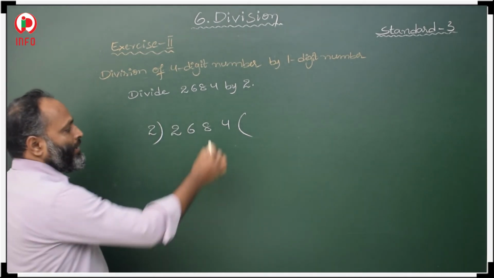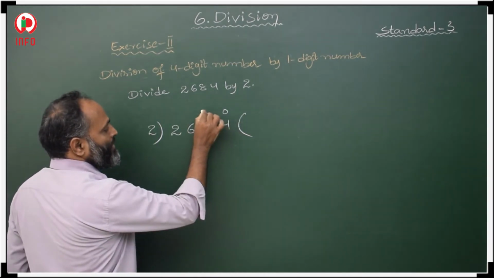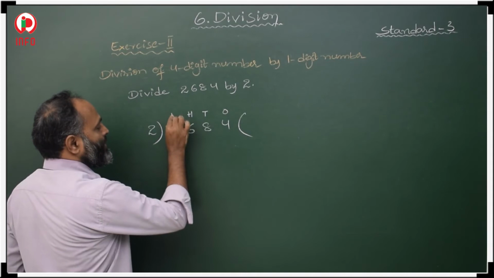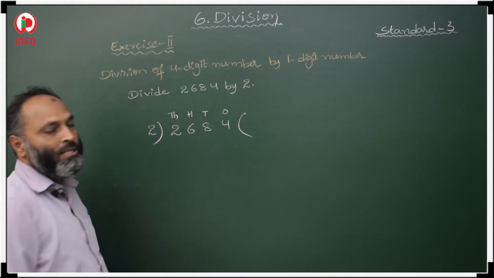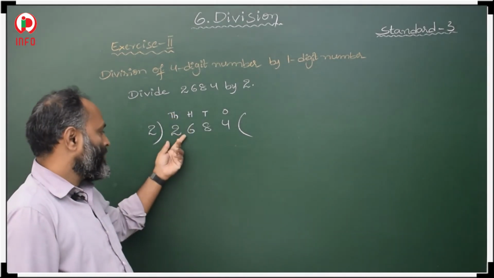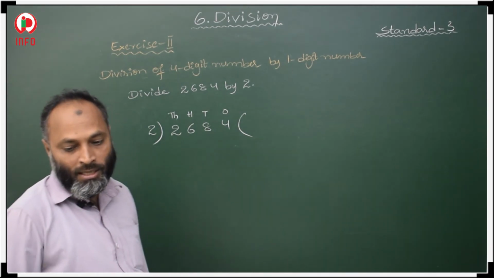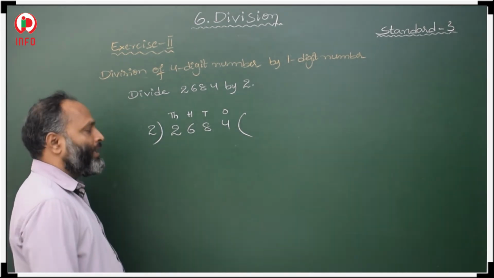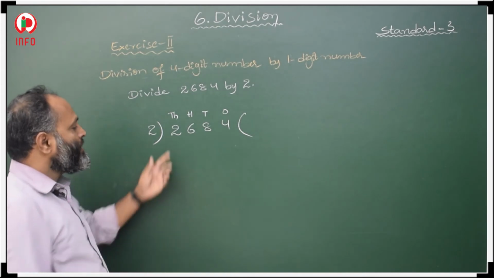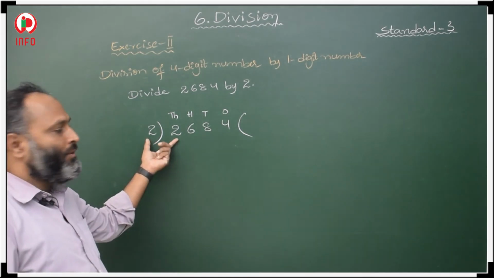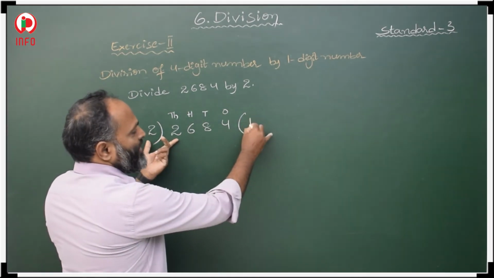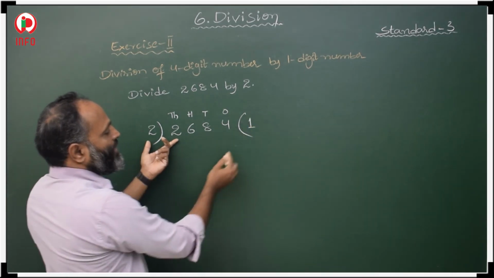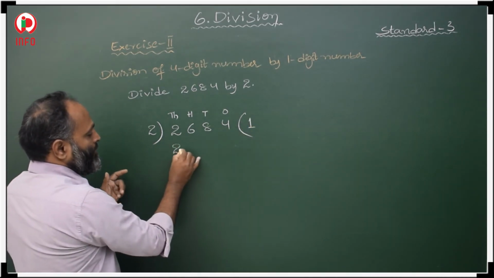This is the ones place, tens place, hundreds place, thousands place. First we have to divide the thousands place. In the 2 table, when will you get 2? 2 ones are 2, that we have to write here in the quotient place.